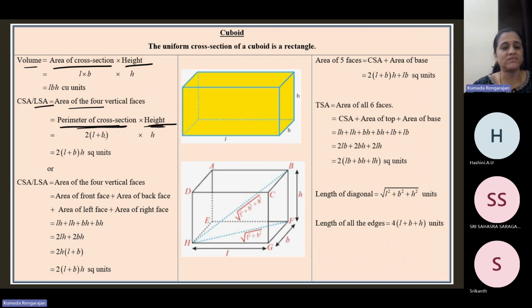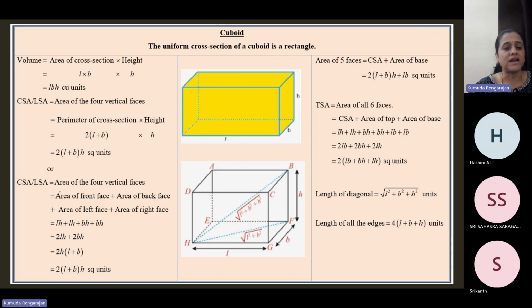And what's the perimeter of a rectangle? 2 of L plus B. So 2 into L plus B into H, or sometimes 2H into L plus B. Both are the same. This is the formula to find the lateral surface area of a cuboid.